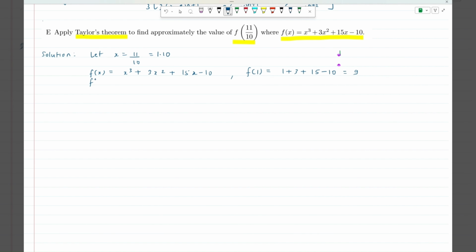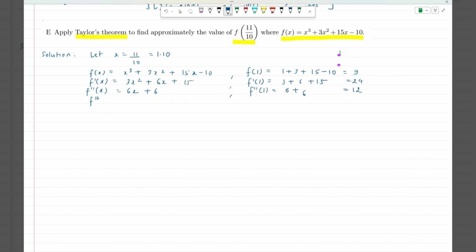Then this first order derivative f dash of x is going to be 3x square plus 6x plus 15, and this gives us that the first order derivative of f at 1 is going to be 3 plus 6 plus 15, that's 24. The second order derivative is going to be 6x plus 6, and so we get that the second order derivative of f evaluated at 1 is going to be 6 plus 6, which is 12.